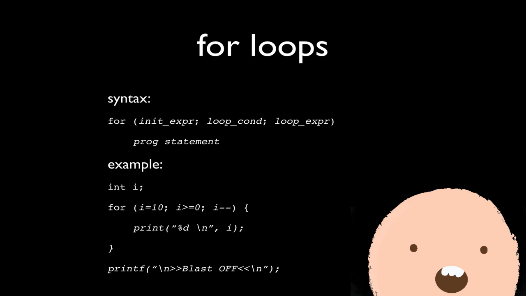Then within the for loop, we're going to have a program statement here, and that could be a single line of code, or it could be a block of code. And when we say a block of code in C, we're talking about code delineated by the open curly bracket and the close curly bracket. Now stylistically, if you only have one statement in a for loop, you don't really need the open close curly bracket.